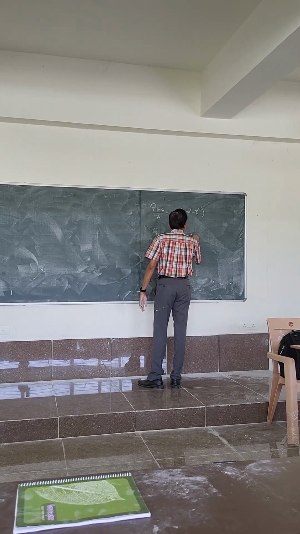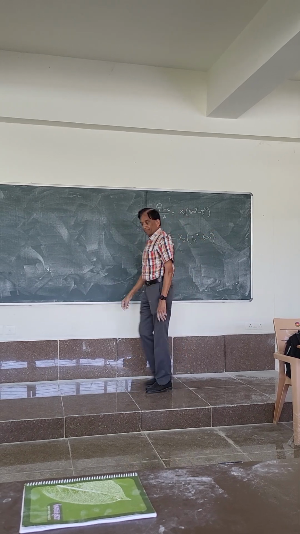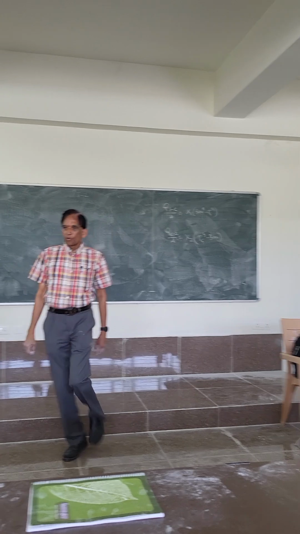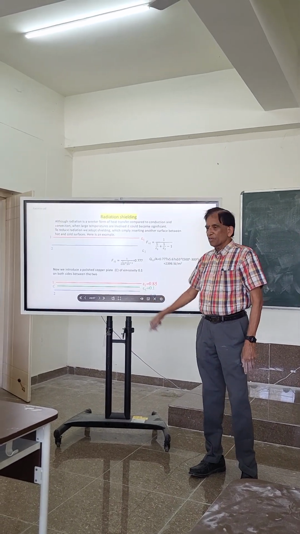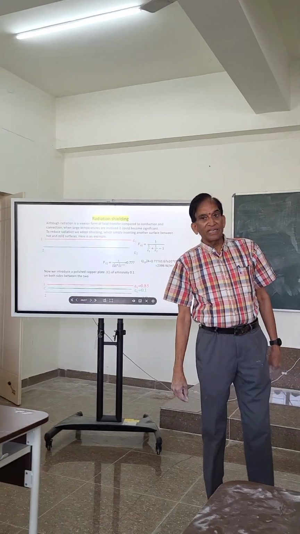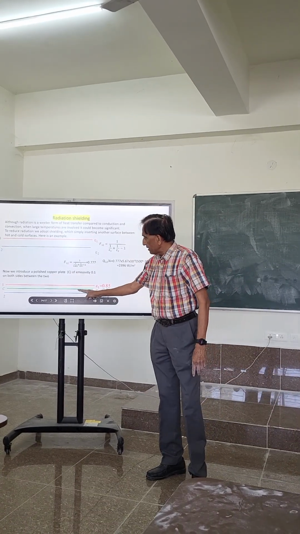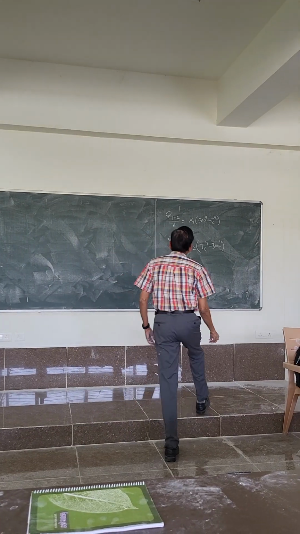So this will be Tc power 4 minus 300 power 4. When this is radiating, this temperature is Tc and the other temperature is 300. But conservation of energy requires that what is coming from there should be going out from there. So x1 is equal to x2.